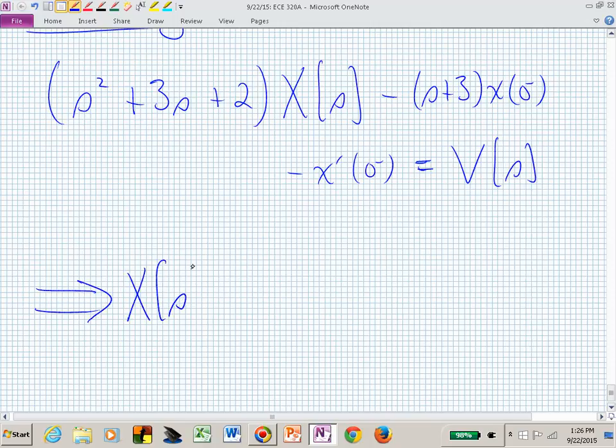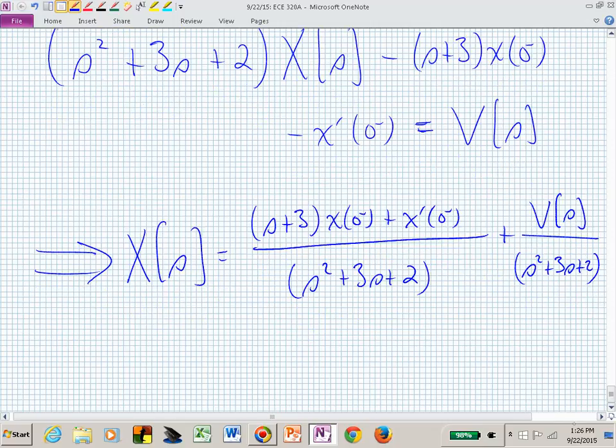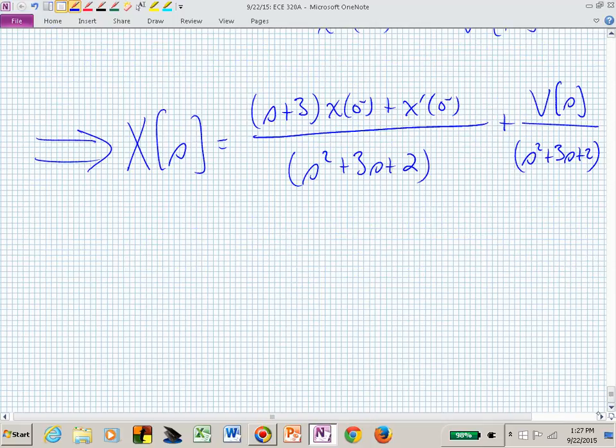Meaning we now have capital X of S is equal to S plus 3 x of 0 minus plus x prime of 0 minus. Those are all our initial condition terms. And then we have plus capital V of S over that same denominator. That's now our expression for capital X of S in the frequency domain.